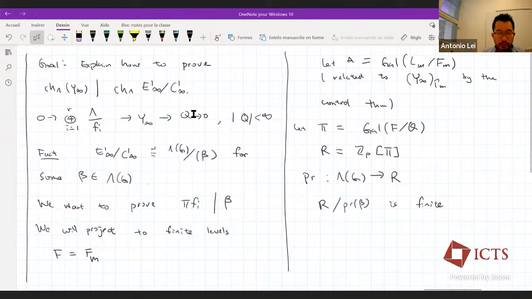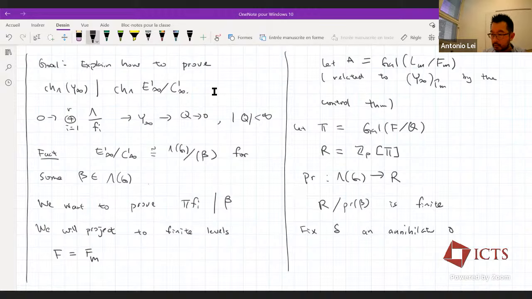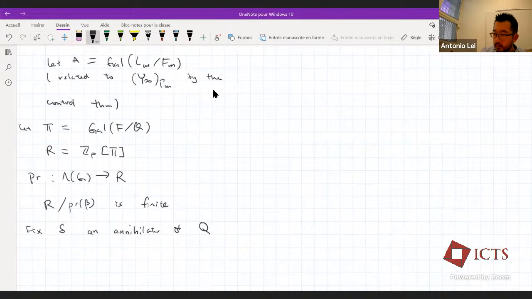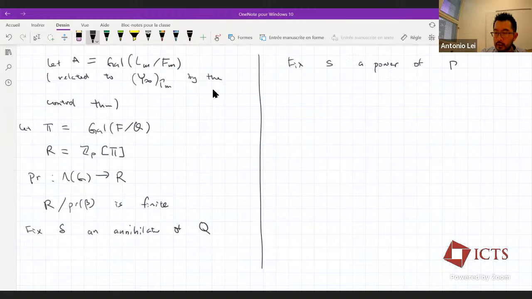And then also we have this Q, which is a finite lambda module, and we will fix delta, which is an annihilator of Q. Okay, so fix S to be a power of p that annihilates these two quotients.